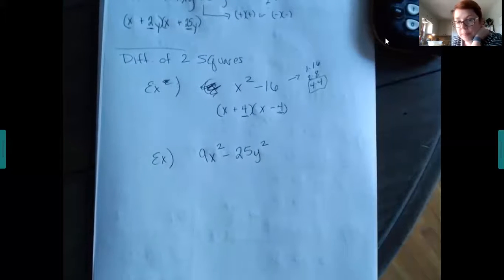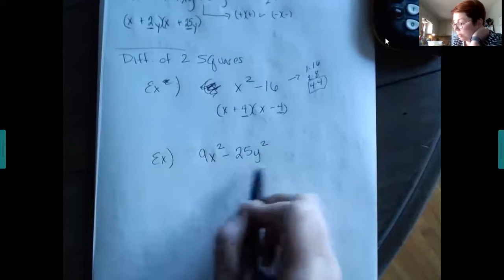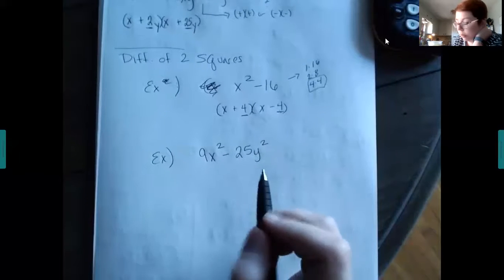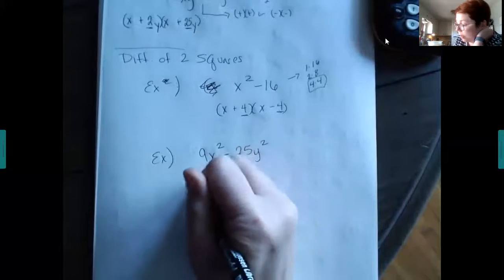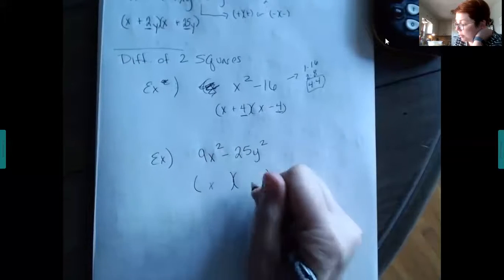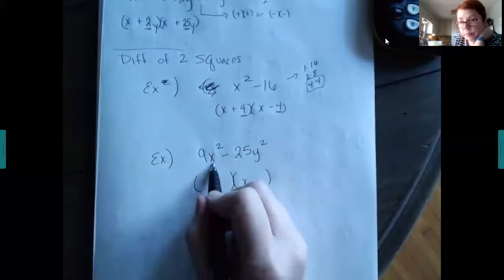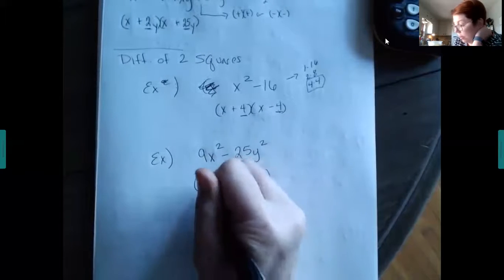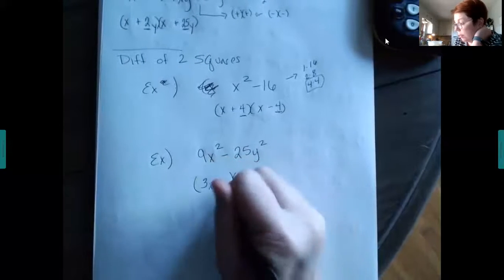Something like that. Here, same situation. We check, can we divide anything out? Oh, but here, I know I did x times x to get x squared. And what times what gets me 9? Yeah, 3. Okay.